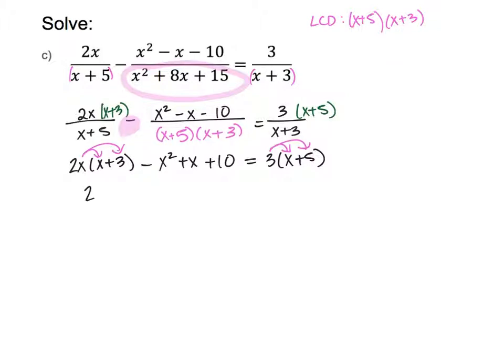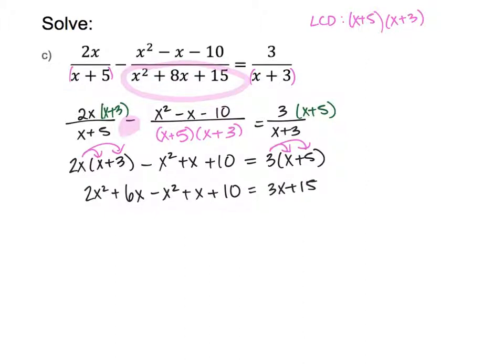That gives me 2x squared plus, oh sorry, not 3x, 6x, 2x times 3 gives you 6x. Drag that down, x squared plus x plus 10. Then distribute: 3x plus 15.